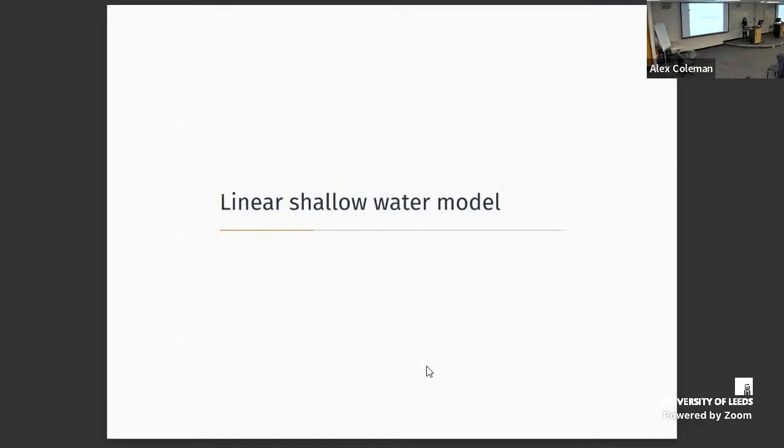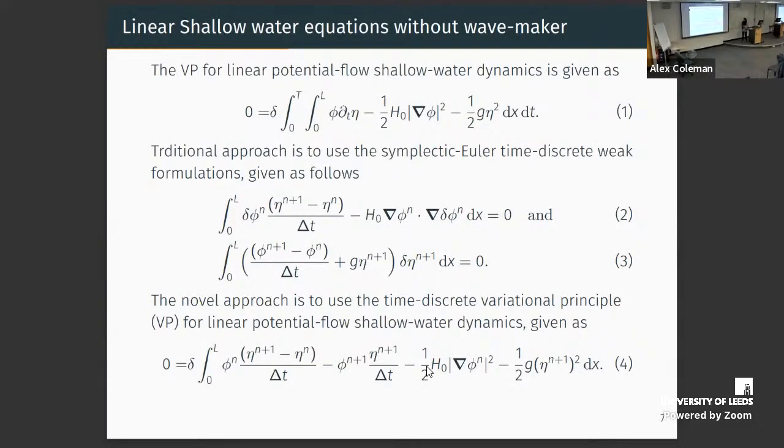First of all, I will explain this new method of implementing the equations, because I will be using this implementation method in other models. So it's important to know whether this new method gives a result equal to the traditional approach or not. Let's assume a simple problem, the linear shallow water equations, and the variational principle is given in equation 1.